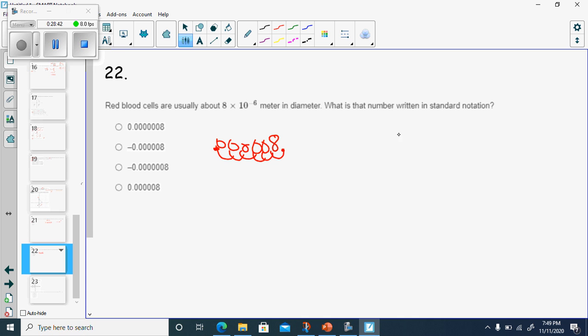So this is 0.000008. 1, 2, 3, 4, 5 zeros before the decimal. Right there.